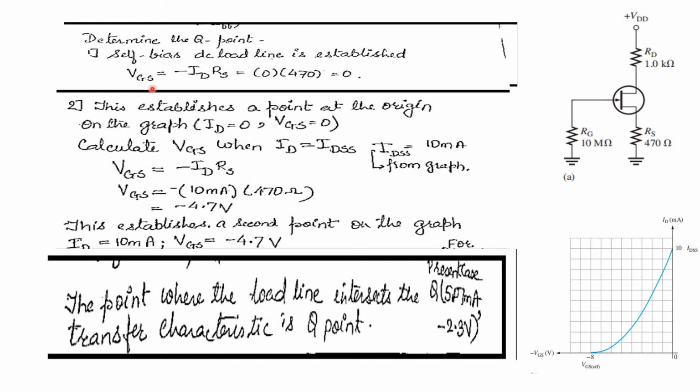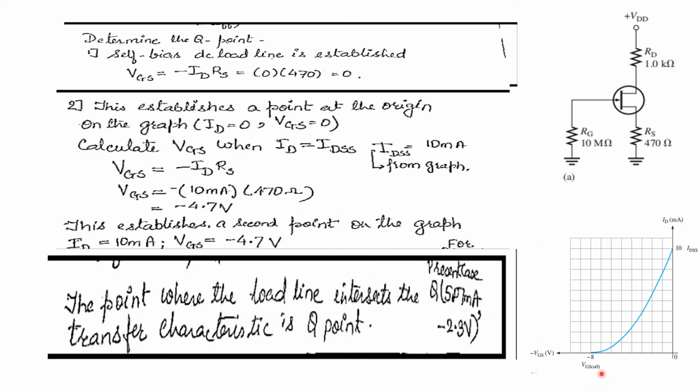So when VGS is 0, we get the maximum drain current. Fine. So this establishes this particular point. Second point, when ID is equal to the maximum value of 10 milliamperes, what will be the value of VGS?